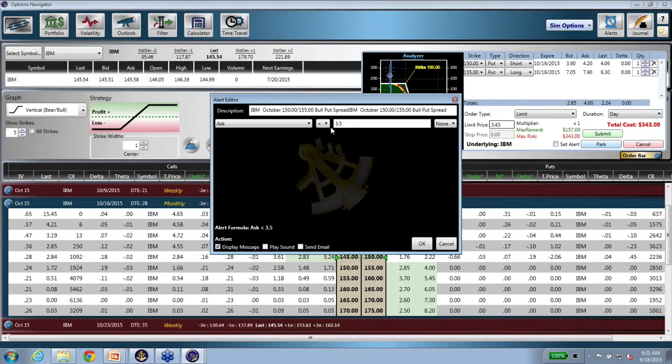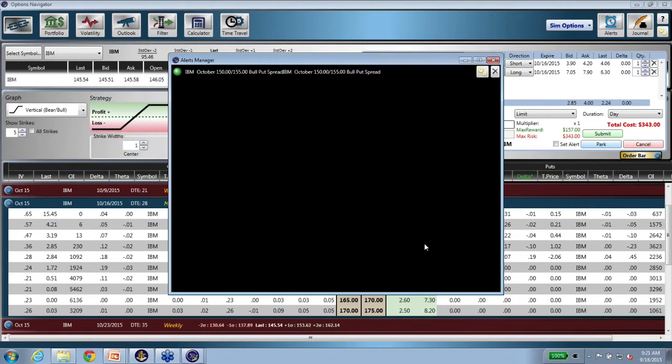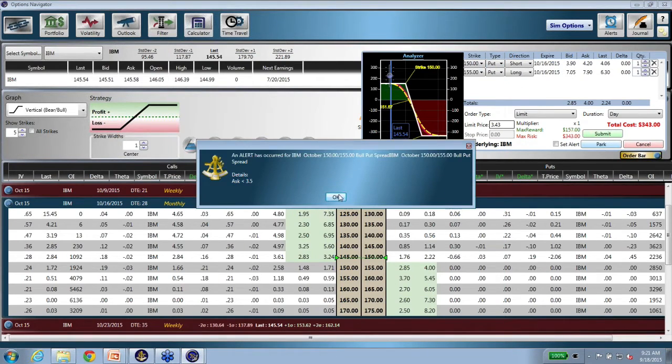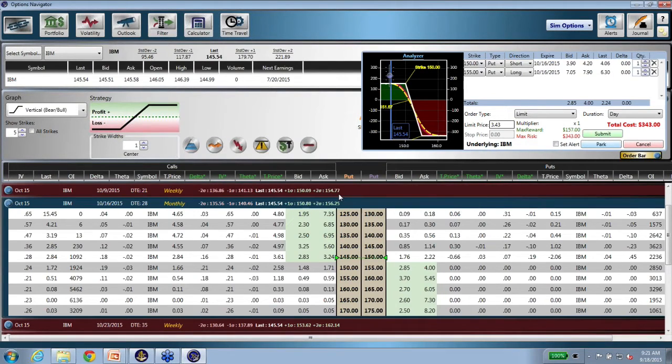And when you go to buy it, you could also set up a limit order to buy it when it gets down to a certain price, etc. You can send an email, play a sound, or display a message, and there's the alert. You can delete it, edit it, etc. It's just a nice thing to have there. And then you get a message that tells you the details.